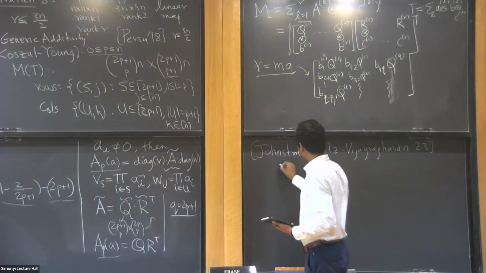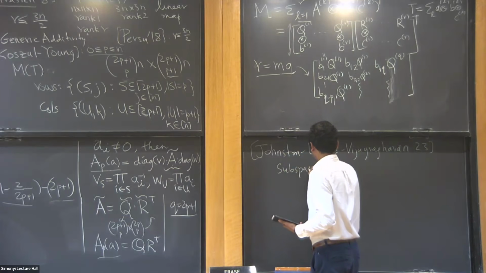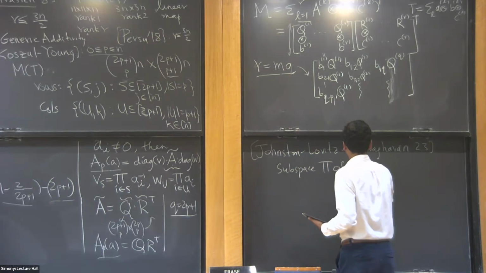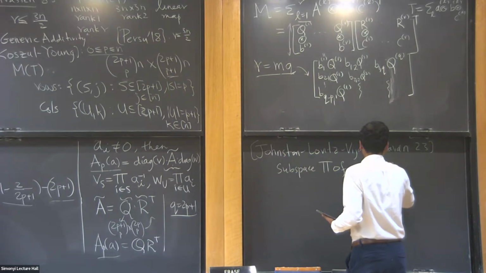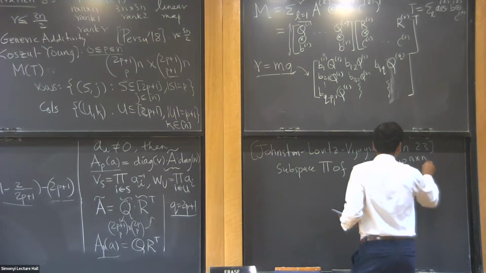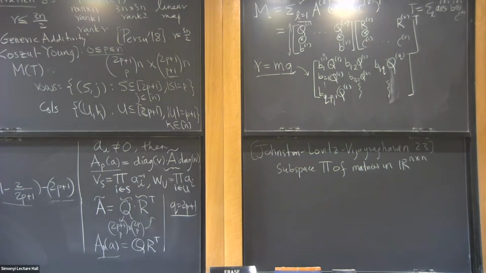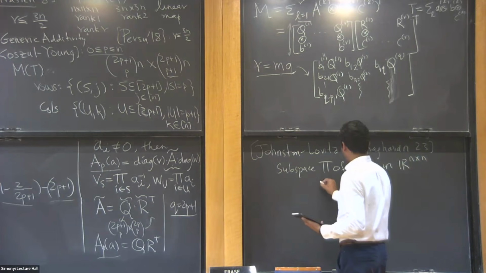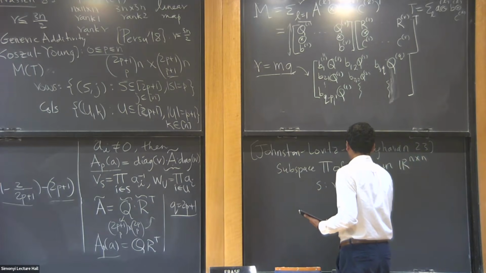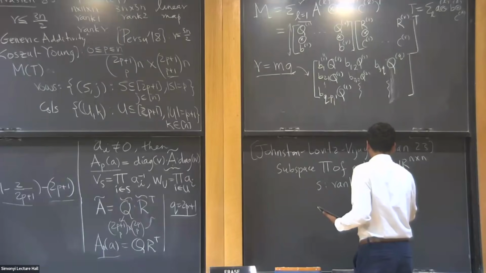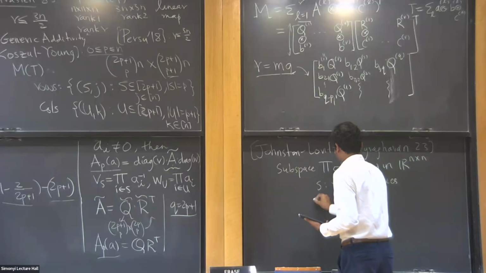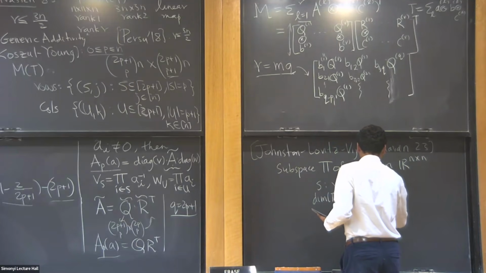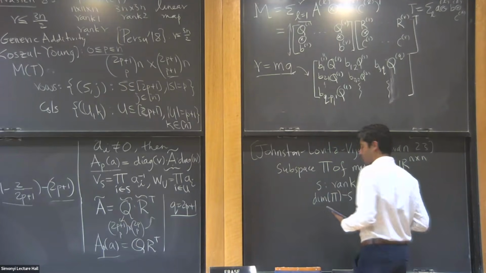Suppose you have a subspace pi of matrices. Let's write down the square case, it works in the rectangular case too. So let's say you have a subspace of n by n matrices, and suppose it was constructed as a span of S generic rank 1 matrices, and whatever is the remaining thing, let's say arbitrary.